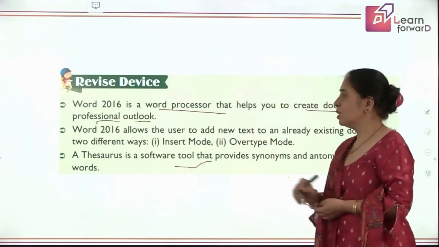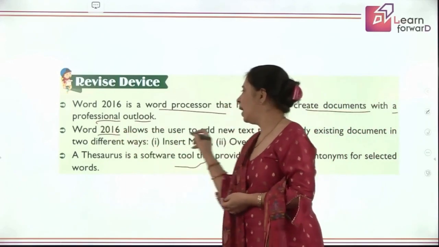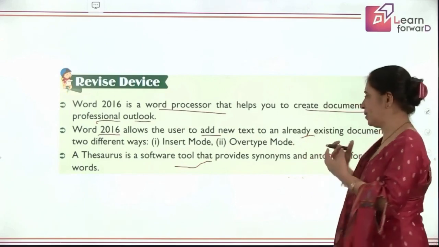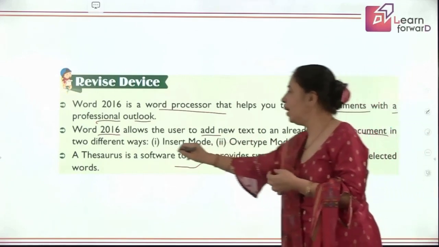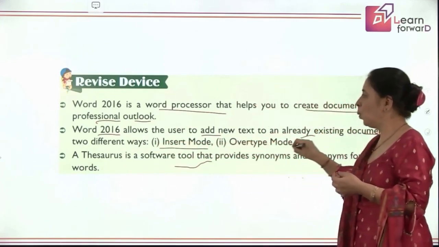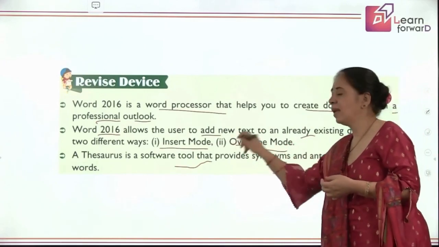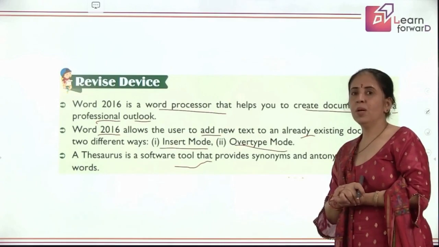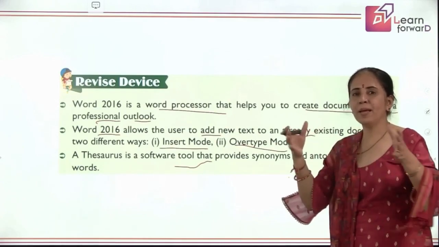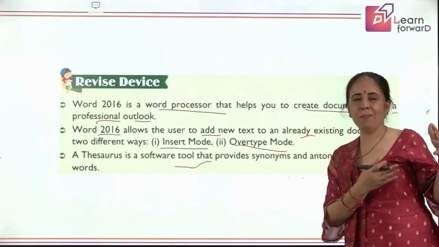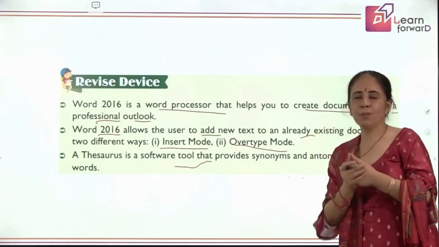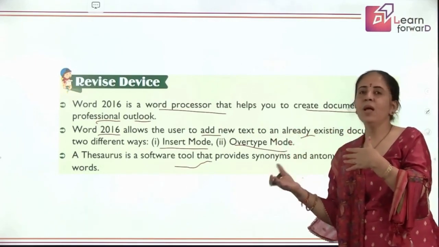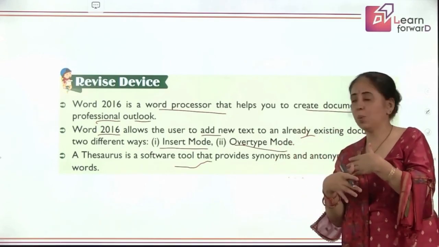And Word 2016 allows the user to add new text to what is already existing in the document, and it could be done in two ways. One is insert mode and another is overtype mode. When you talk about insert mode, it will keep on making space for the new text to come. And when you talk about overtype mode, the previous text will be removed and the new text will be written over there.